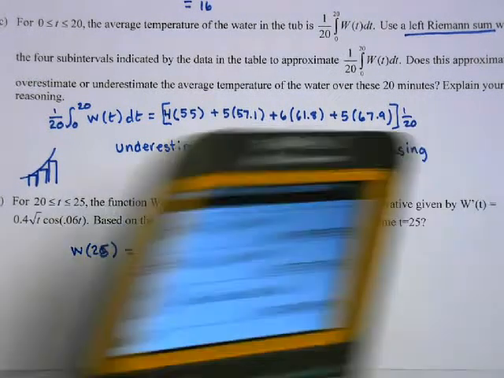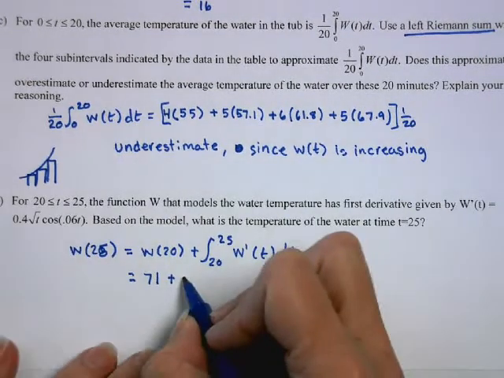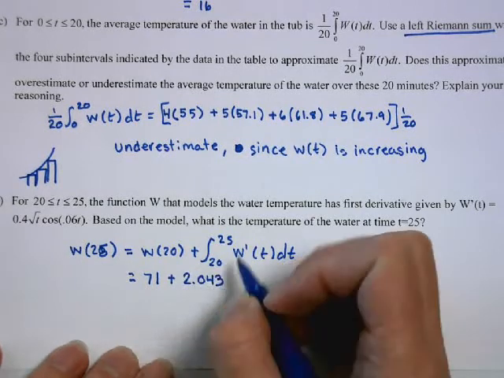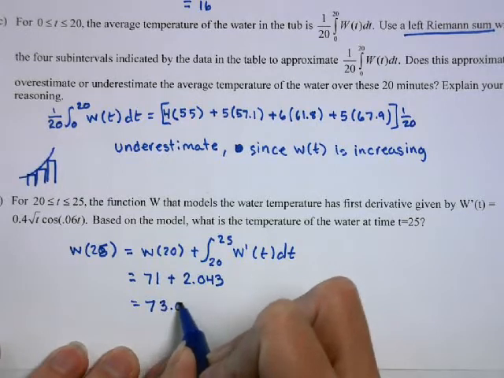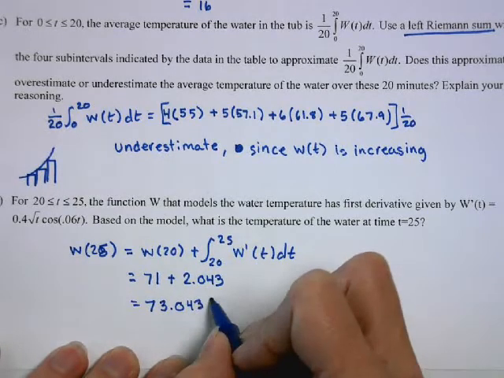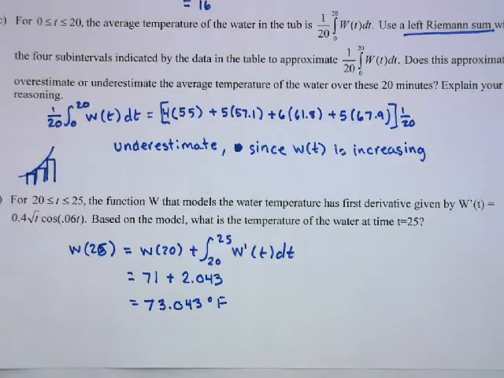So you get 2.043. So the temperature is 73.043 degrees Fahrenheit.